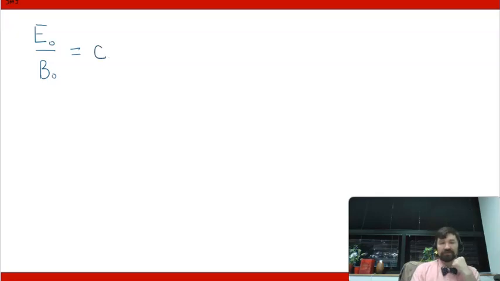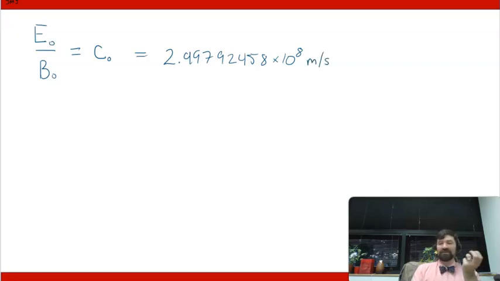These actually have the ratio of c naught, which is 2.9979248 times 10 to the 8 meters per second. That's the speed of light in vacuum. Okay, so that gives us our maximum values ratio.